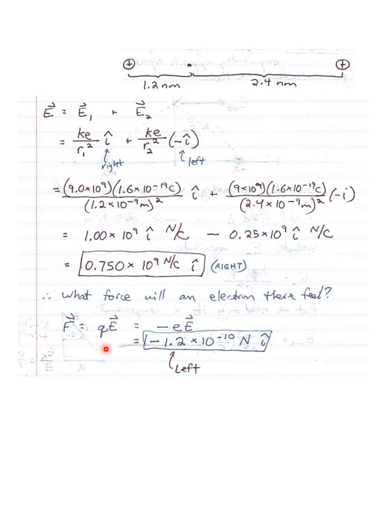And the charge on an electron is negative e, 1.602 times 10 to the negative 19 coulombs, times the electric field vector, which you see right where my marker is. And so it becomes negative, meaning pointing to the left, 1.2 times 10 to the negative 10 newtons i hat, which means an electron overall will be forced to the left because the electric field goes to the right.